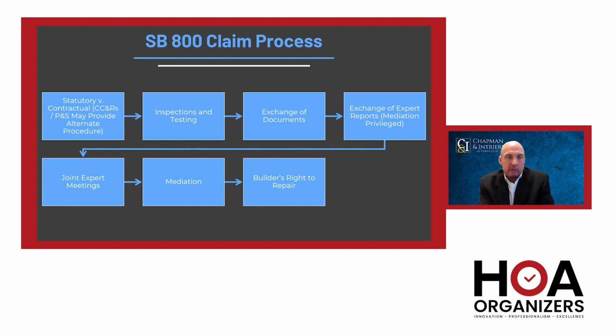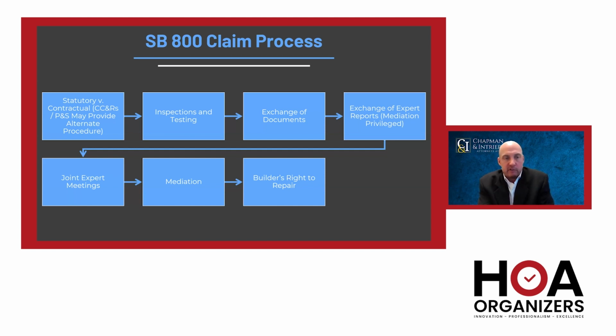So the way the SB 800 claim process works is it is initiated by serving what's called a notice of claim. And the notice of claim essentially identifies all of the deficiencies, the violations of the functionality standards that are known at the project, and that is served on the builder, developer to put them on notice that you have a claim, and it starts the process.